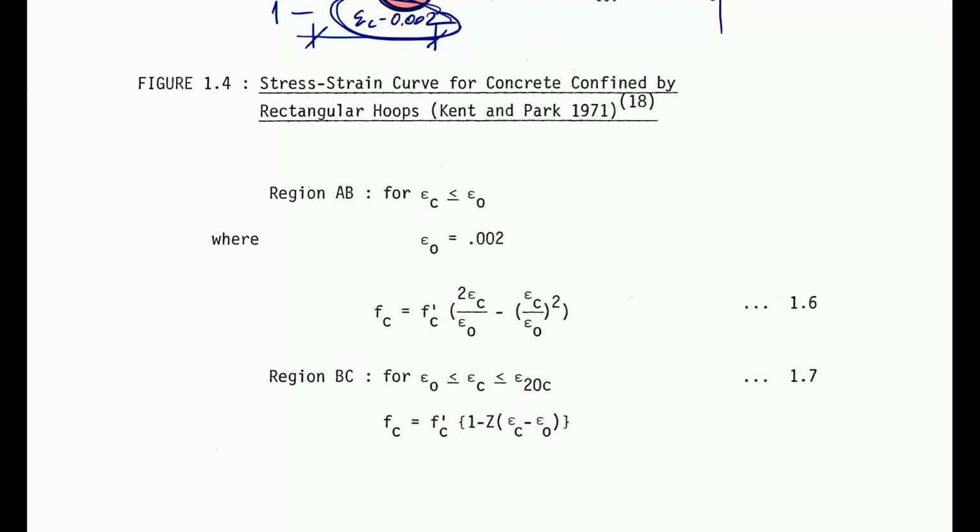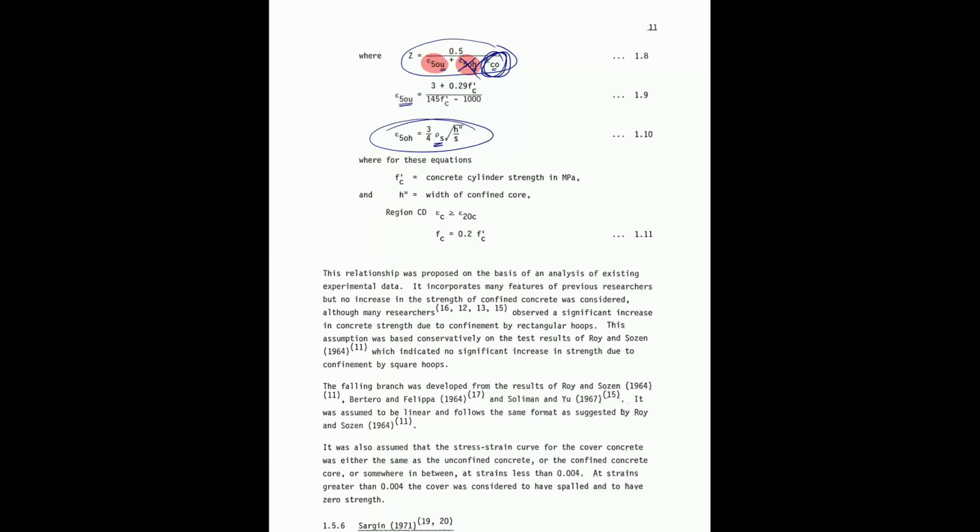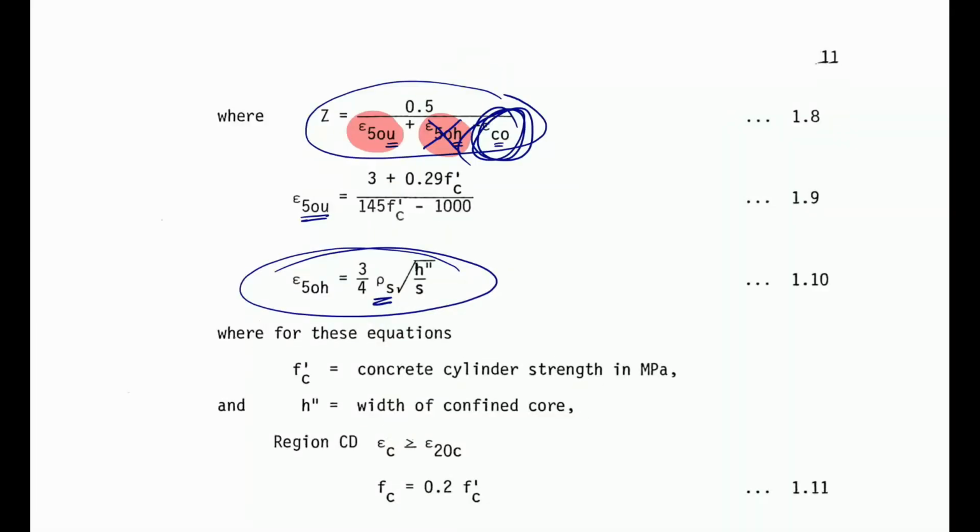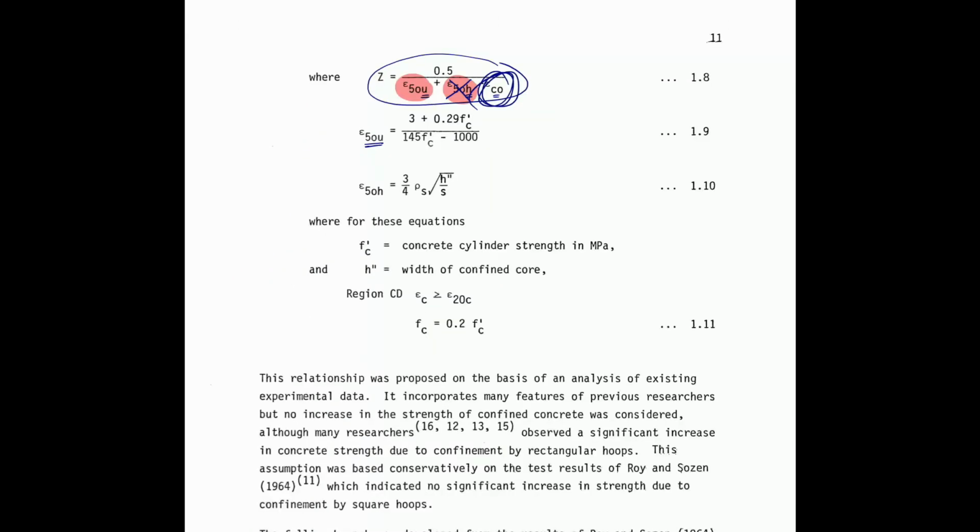The difference you expect from the model here is that it has the effects from the confinement. So rho S is introduced. Rho S is the volumetric ratio between the confining hoop and the confined core.